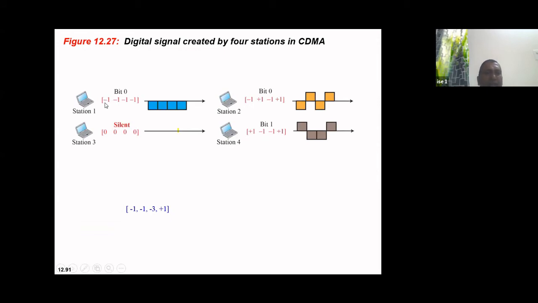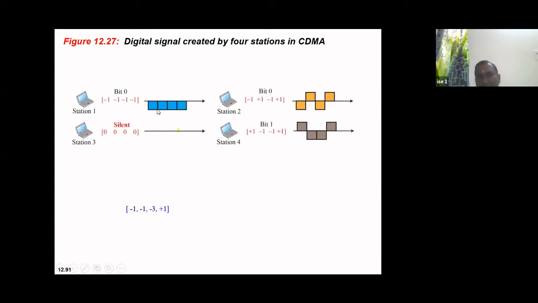So here you have the bit sent by station 1, it is 0, and multiplied by its chip code, I'll be getting -1, -1, -1, -1. In NRZ, all -1s are taken as below this central line.